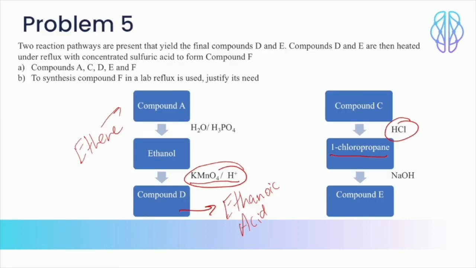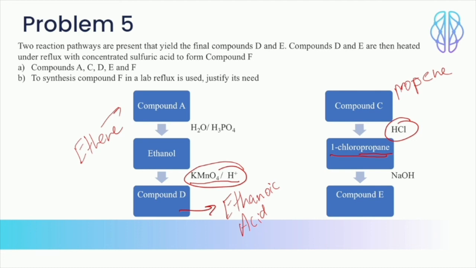So we know that compound C is probably going to be an alkene of some kind. So it's going to be ene as a suffix, right? We have 1-chloropropane. So we know it's going to have the prefix prop. Combine those, compound C is probably going to be propene.